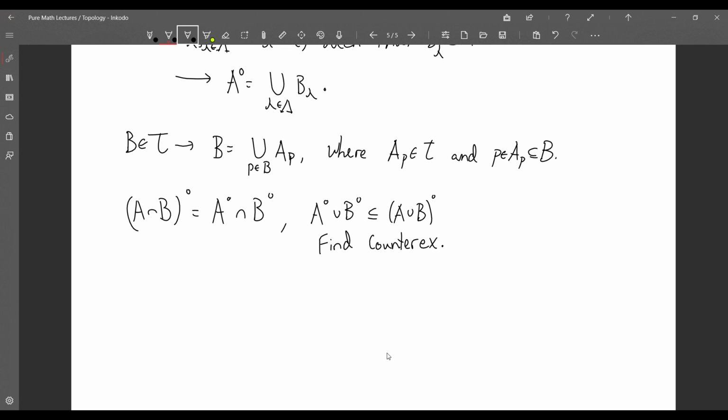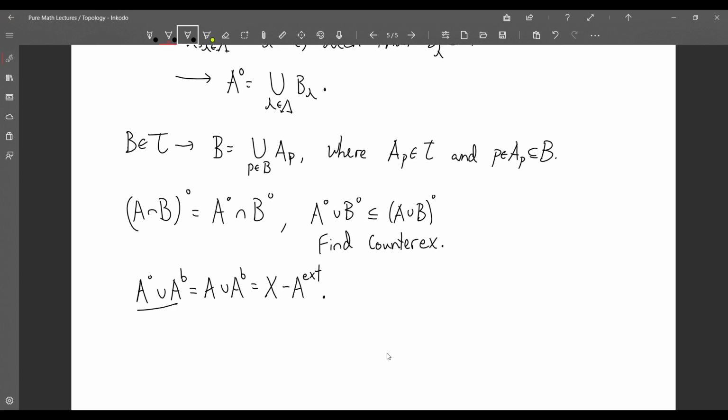And then the last thing gives a nice leeway into the next section on closure, which is that A interior union A boundary is equal to the complement of the exterior.